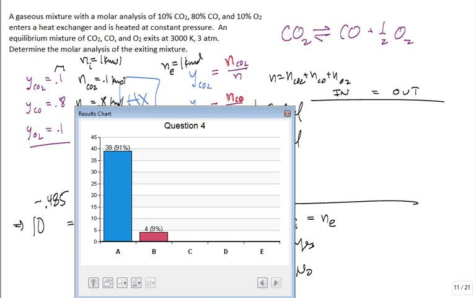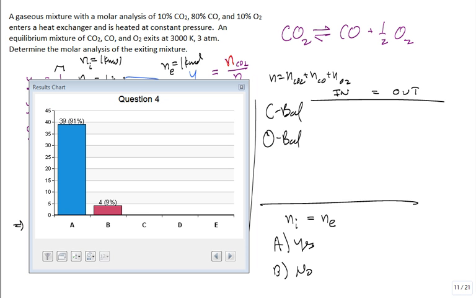This is a tough equation. This is a tough problem. Let me do this. Let's say I had 1 kilomole of CO2 come in, and I had it just perfect so that it all dissociated.